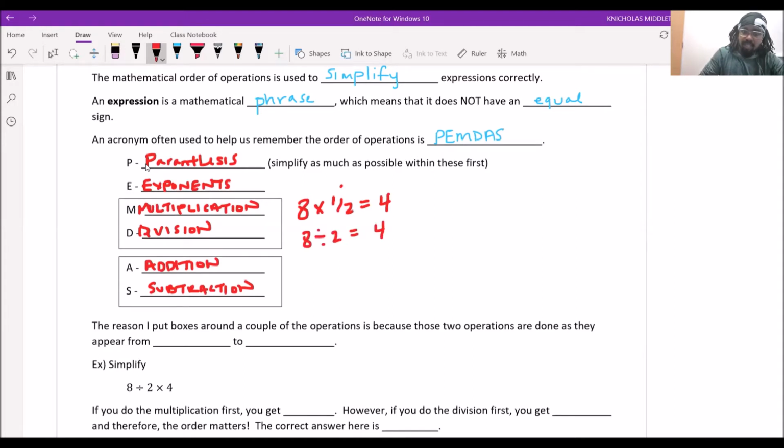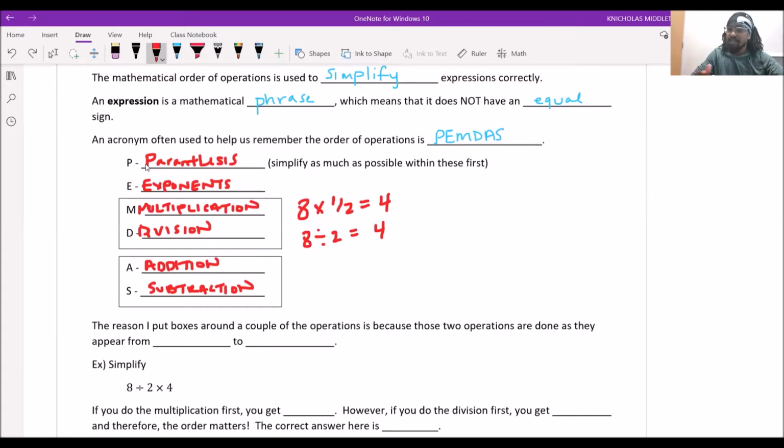The reason is because multiplication and division can be written really as the same thing. I can write the same concept as a problem in multiplication and in division. If I want 1/2 of 8, I could say 8 times 1/2, or 8 divided by 2. I'm asking for the same thing two different ways.